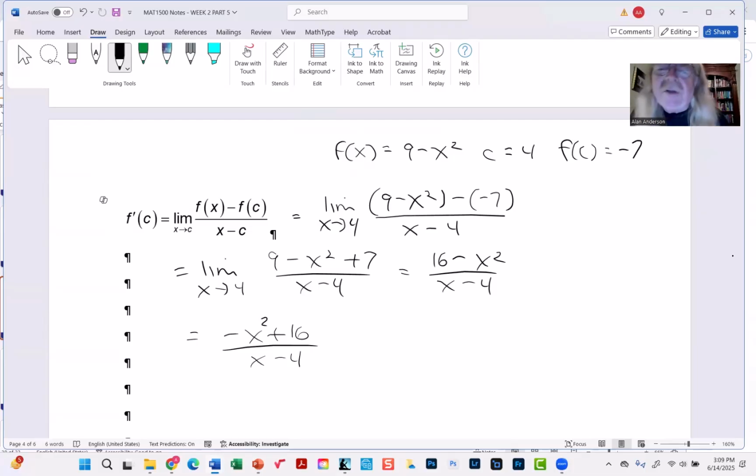So we might be able to divide x minus 4 into negative x squared plus 16 and simplify it a little bit.